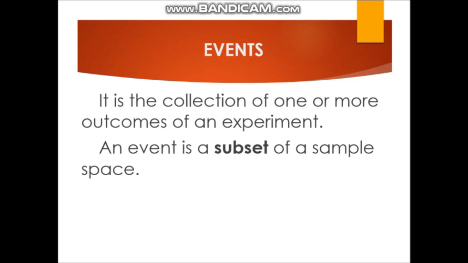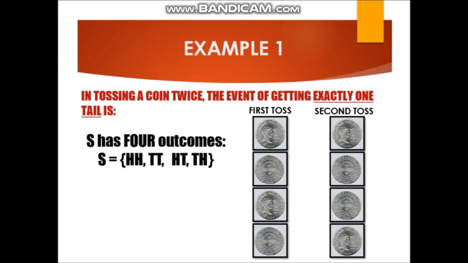For you to understand it, let me give you an example. In tossing a coin twice, consider the event of getting exactly one tail. What the problem asks for is just exactly one tail in tossing a coin twice.